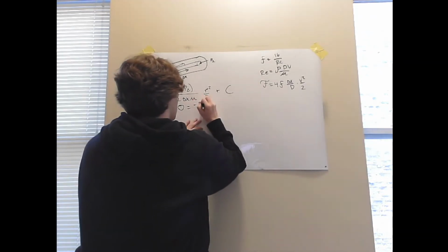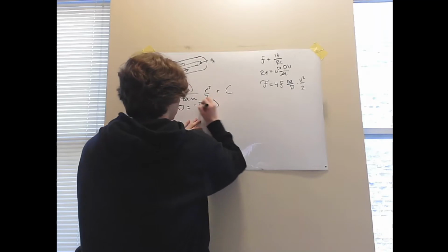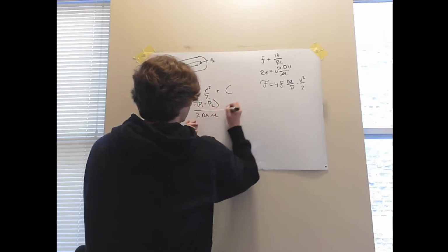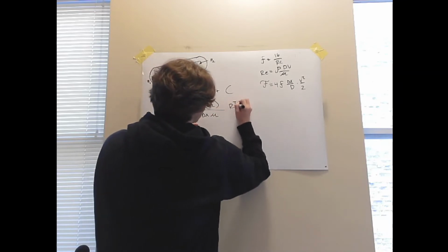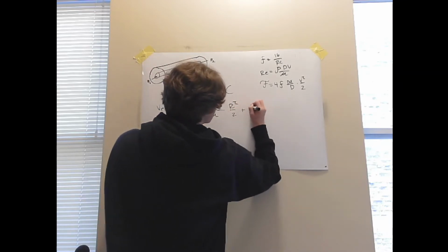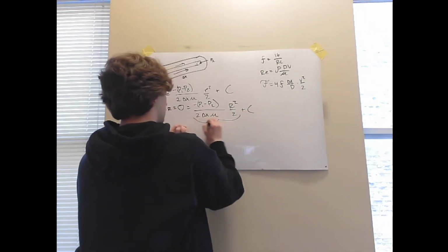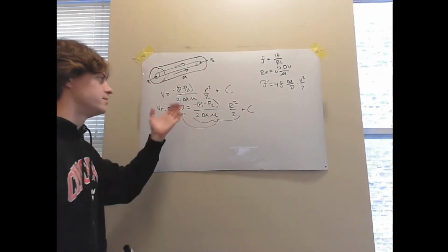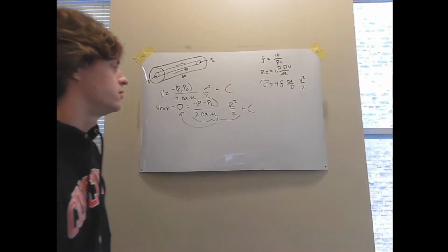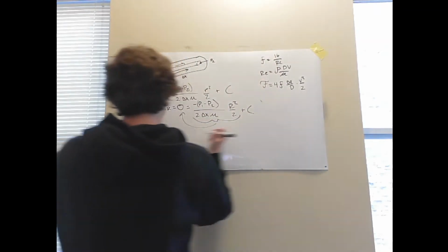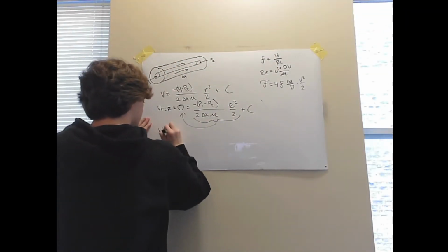So we're going to have the two pressures over 2 times the length of the pipe times the viscosity times big R squared over 2 plus C. So now we can just move this whole term to the other side of our equation, and that is our value for C. Actually, I'm just going to write the whole velocity profile equation out down here.